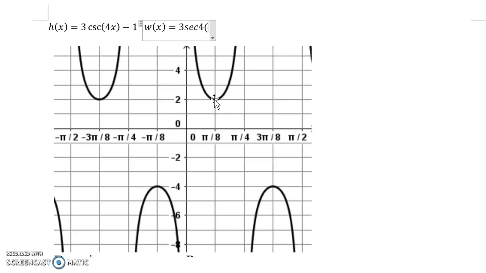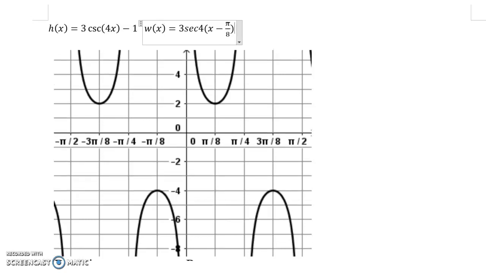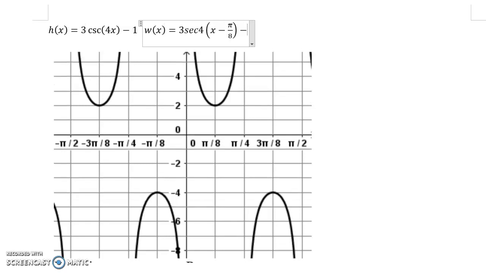And there is a phase shift. We just talked about it. There's the phase shift from 0 to pi over 8, which is shifting to the right. So it's x minus pi divided by 8. And we're still talking about a vertical shift down 1.